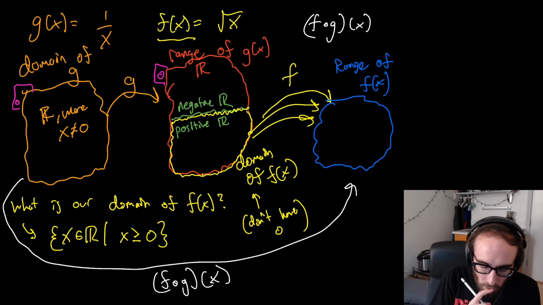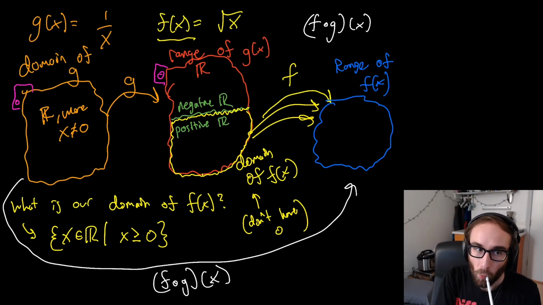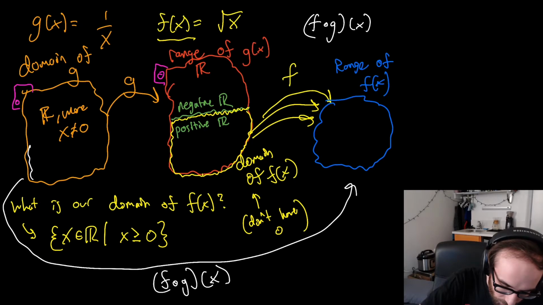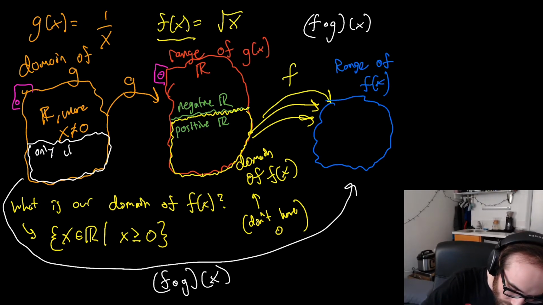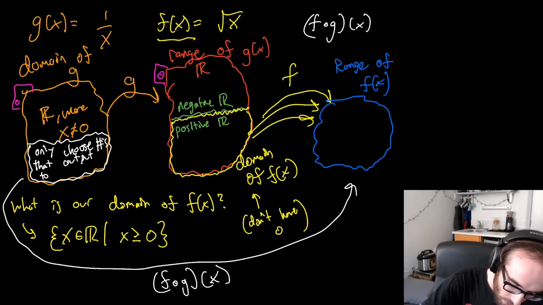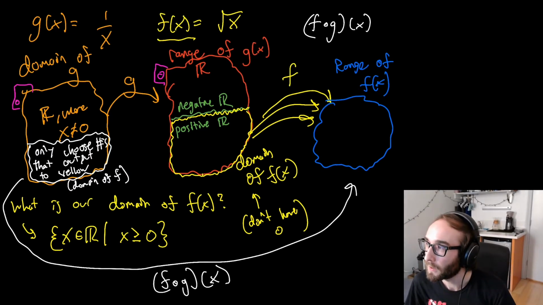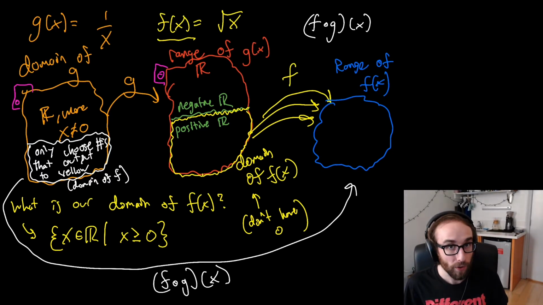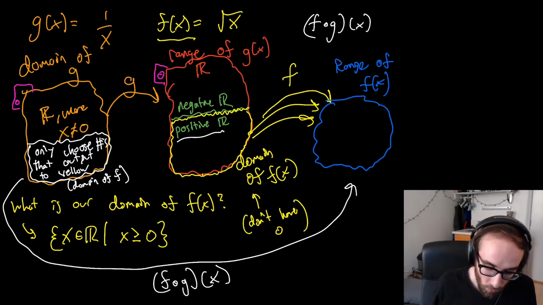What we need to do, looking back at the orange blob, is only choose numbers that output to our yellow blob. In other words, output to the domain of f, or have outputs that are positive real numbers.